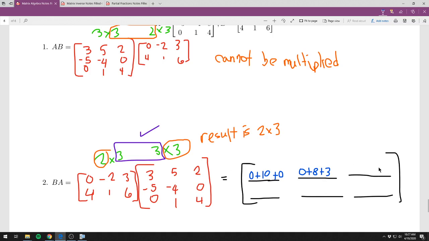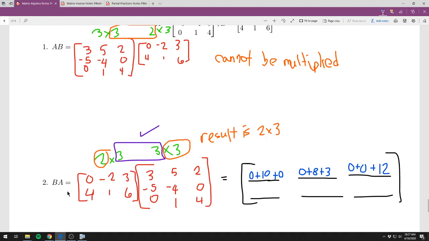And then row 1, column 3 here, we got 0 times 2 is 0. Plus -2 times 0 is also 0. Plus 3 times 4 is 12.